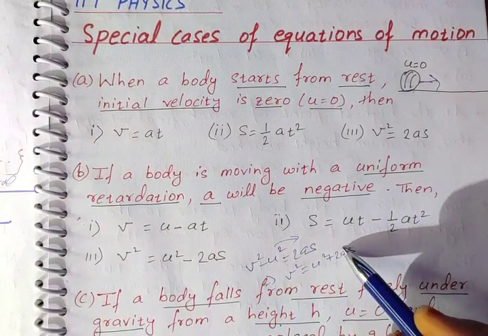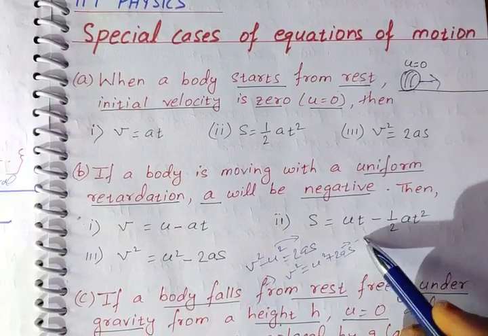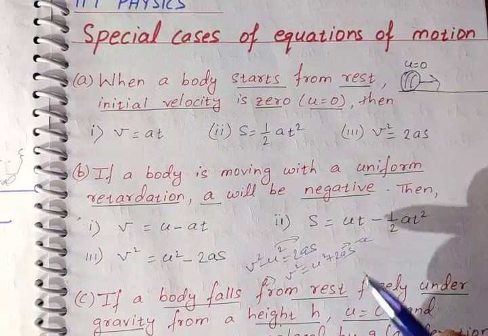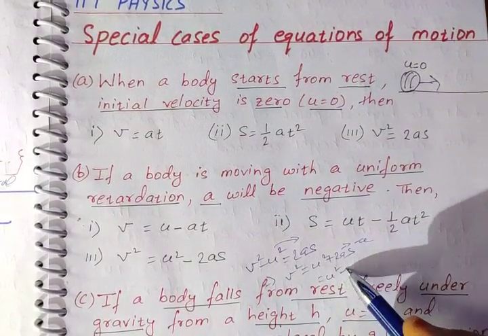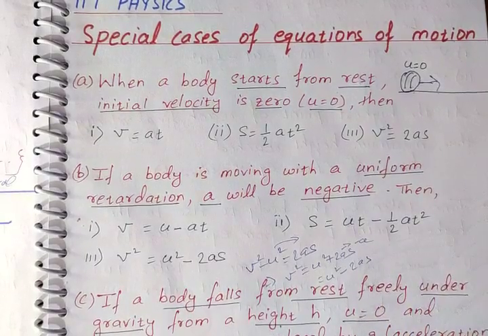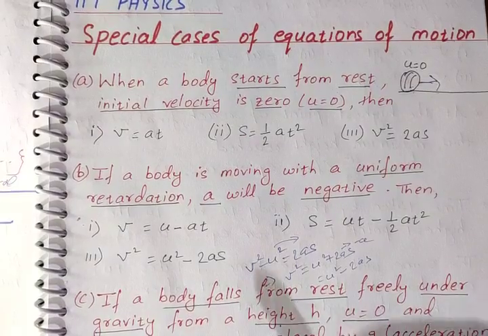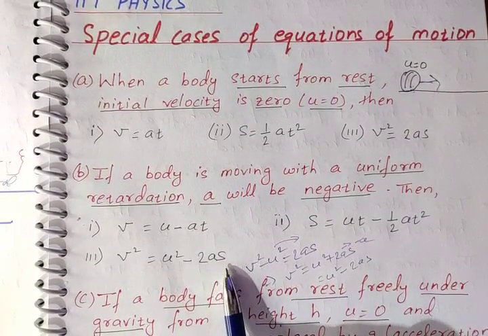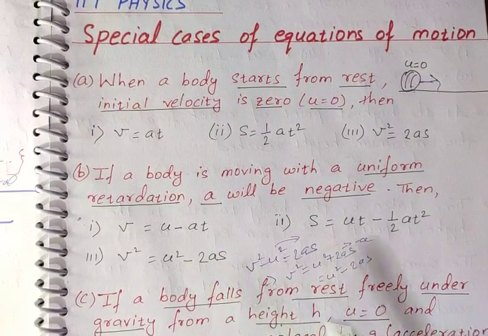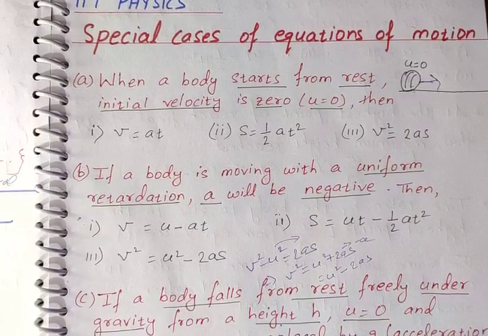Now here a is replaced by minus a, so it becomes v square is equal to u square minus 2as. Clear children? Write down.